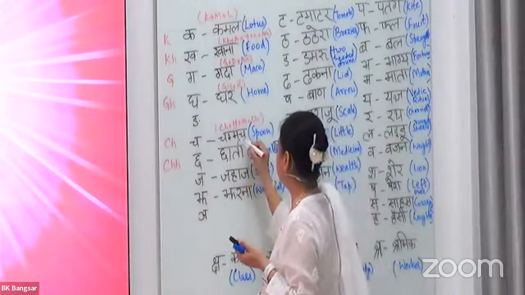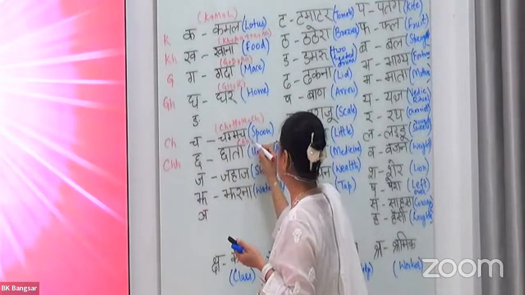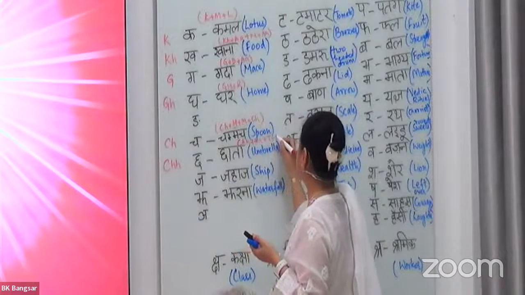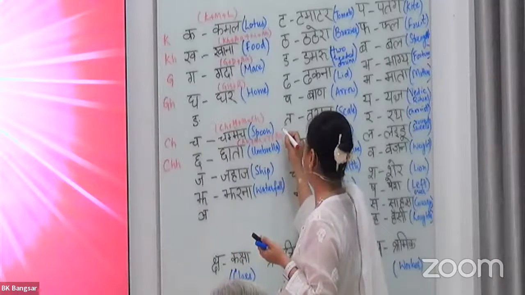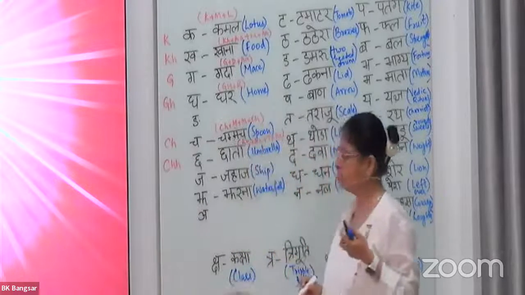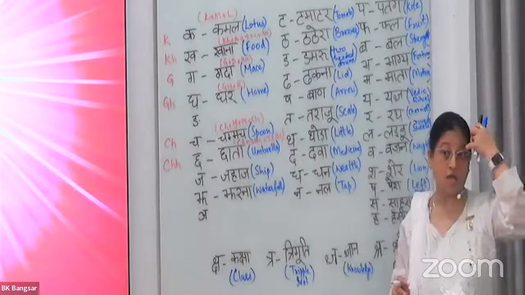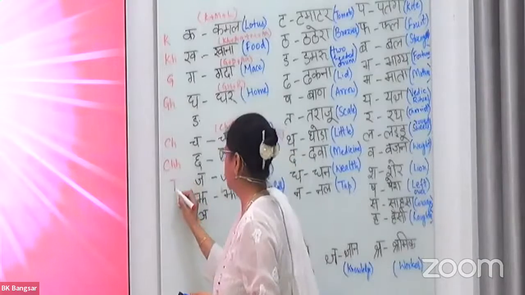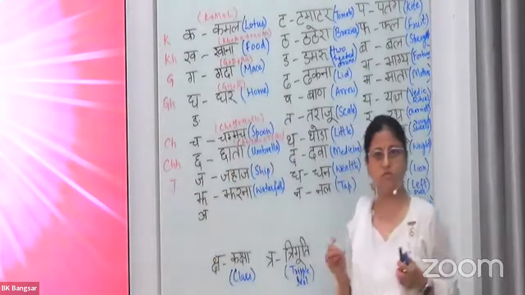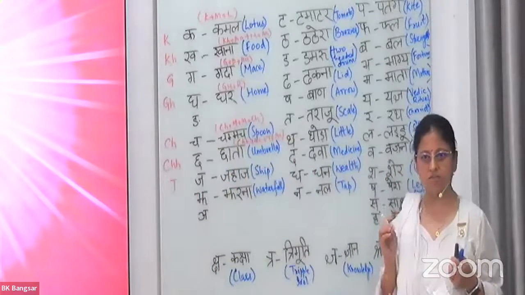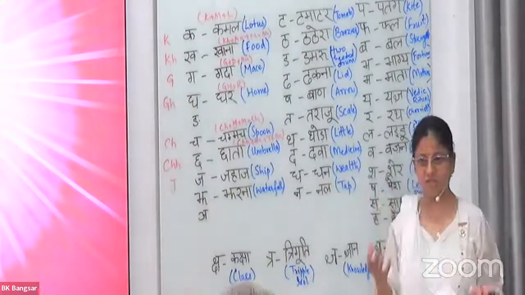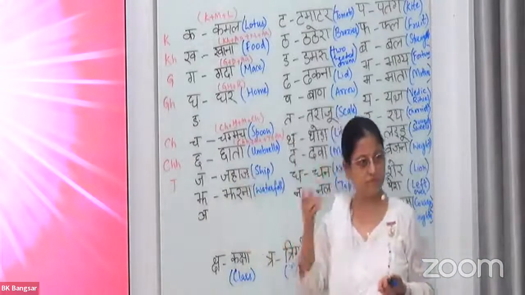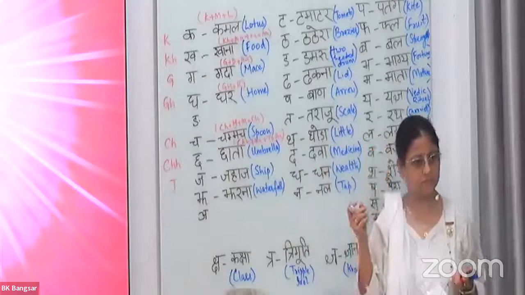How will I pronounce it? Cha, ta, chata. Then is j, jahaz. Jahaj is ship.